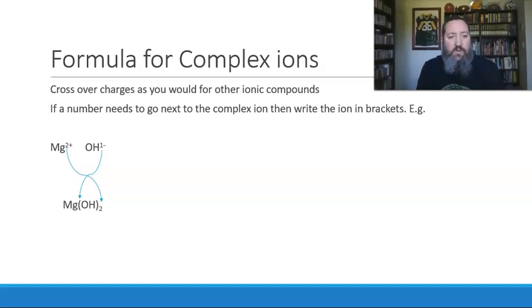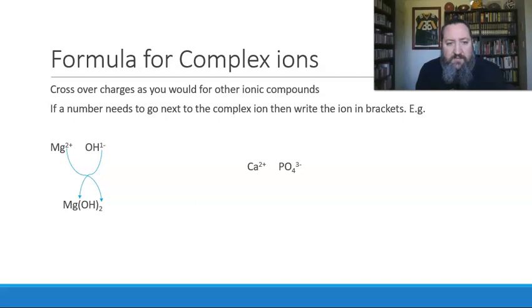Just like in math, we use brackets to show that there are 2 of everything inside the brackets. The hydroxide ion is an OH piece that comes as a whole chunk, so we treat it as a whole piece: Mg, brackets, OH, close the bracket, and then the 2, because we have 2 of the OHs.